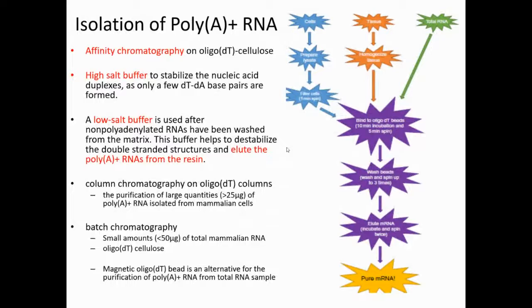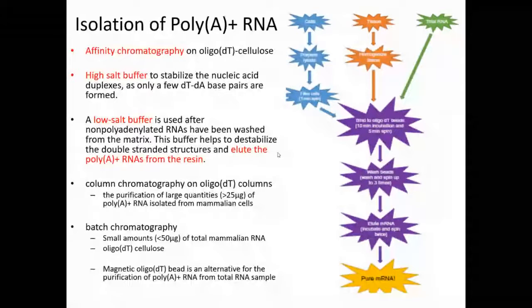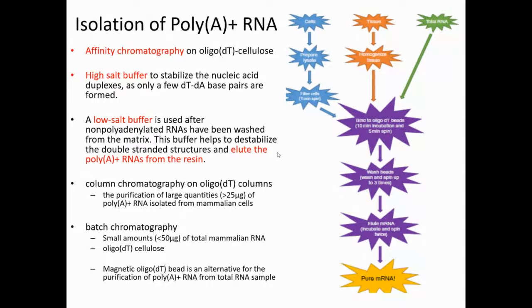And this will be a special application if you want to purify only the messenger RNA. The messenger RNA is important because if you want to evaluate whether the gene expression level is changed, then you have to use this method.